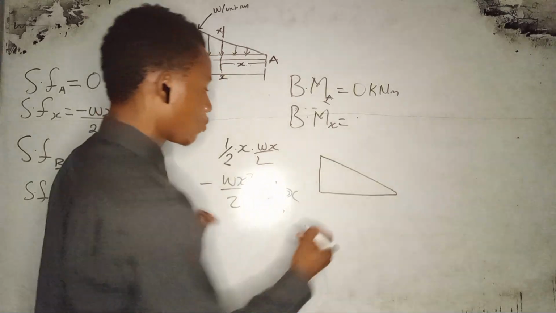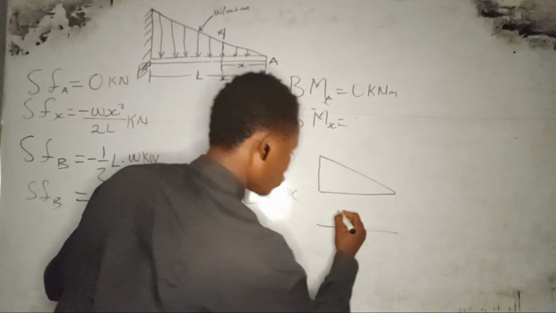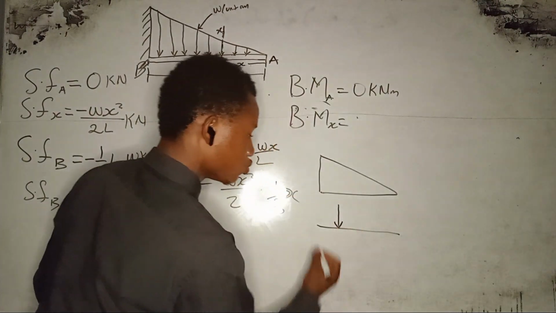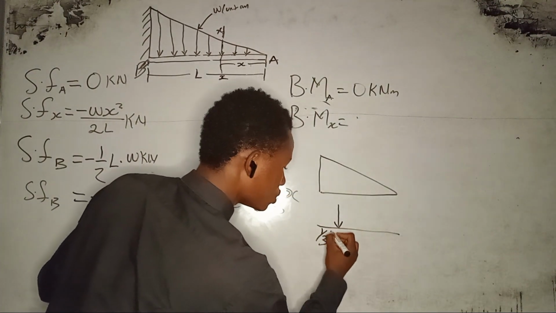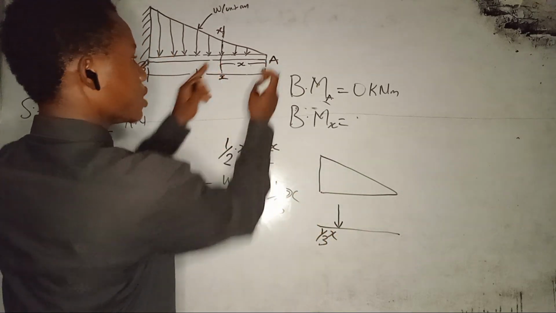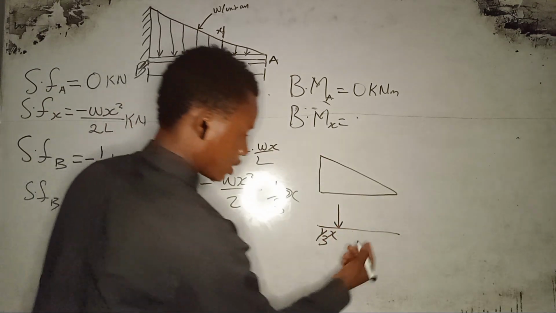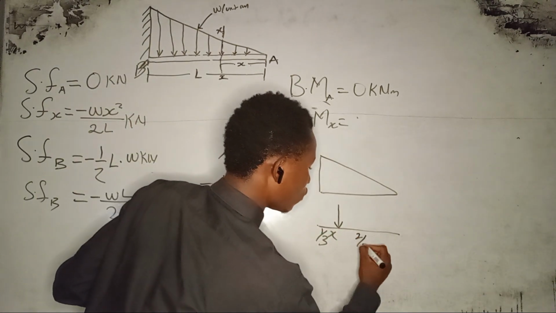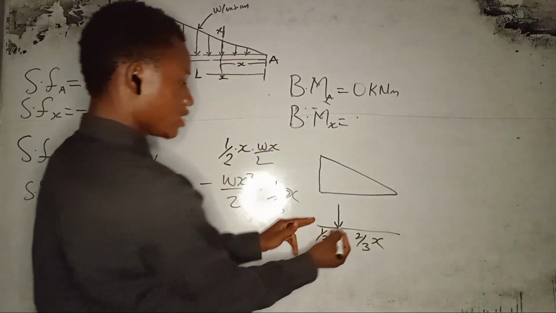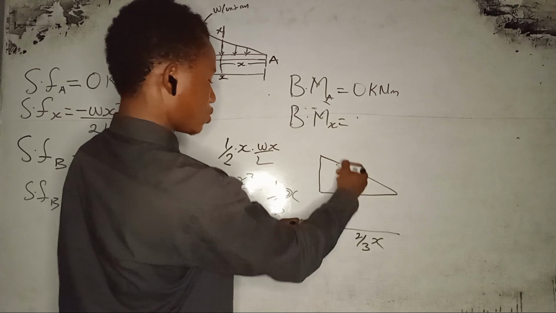that was a triangle form, you can imagine that it has now become a point load. It has become a point load at 1 over 3 of x. That is when you divide x by 3, that is the distance between here. When you divide that point by 3, you have gotten the distance like that. So here will now be 2 over 3 of x. But we are finding the distance between here and here, that is 1 over 3 of x of that triangle.